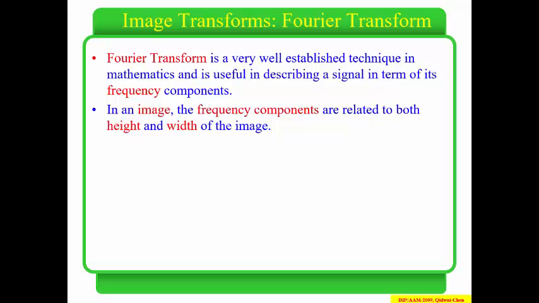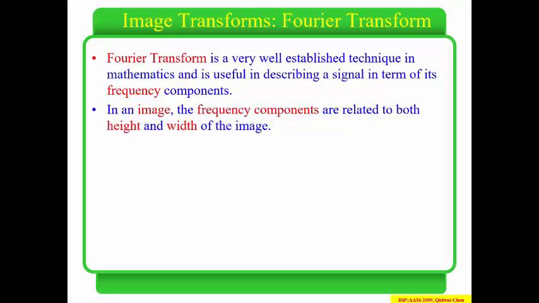Clear? Here we say that in an image, the frequency components are related to both the height and width of the image. We'll see what the meaning of the frequency components is. If we compare the Fourier transform that you studied in signals and systems with the one we will study here for images, we have some differences.